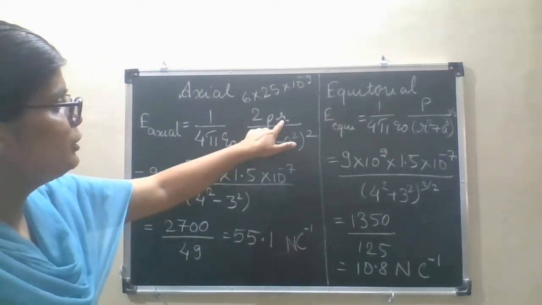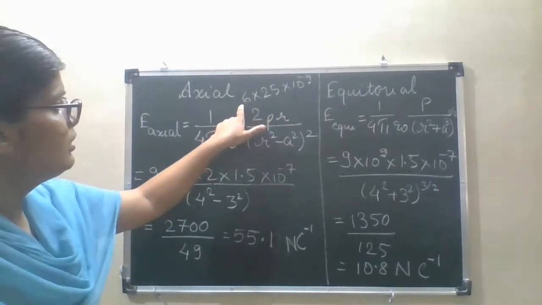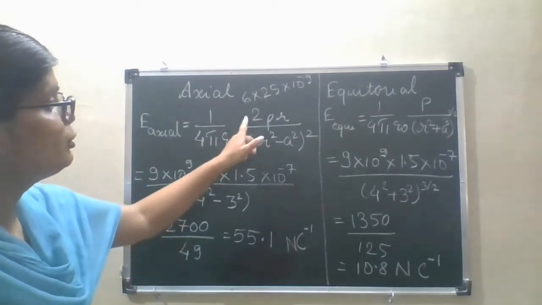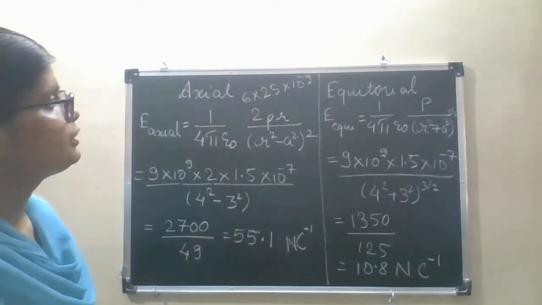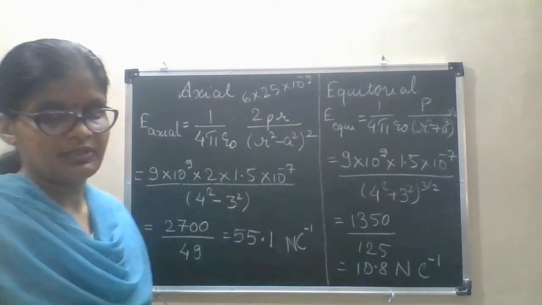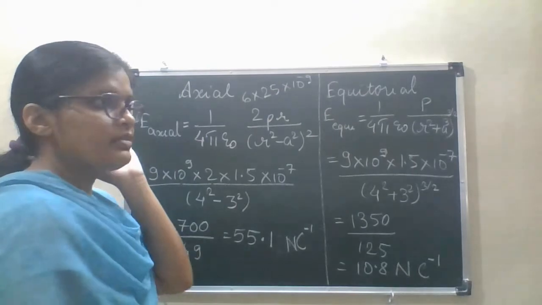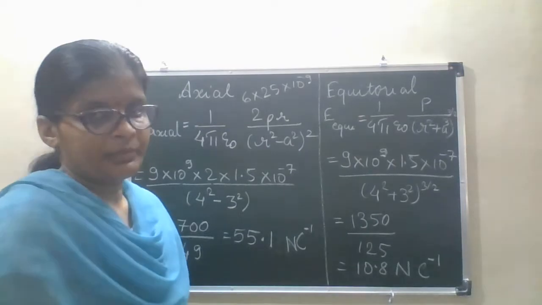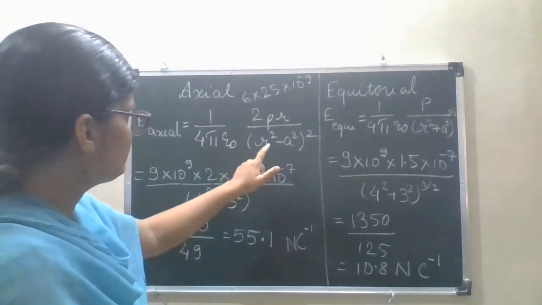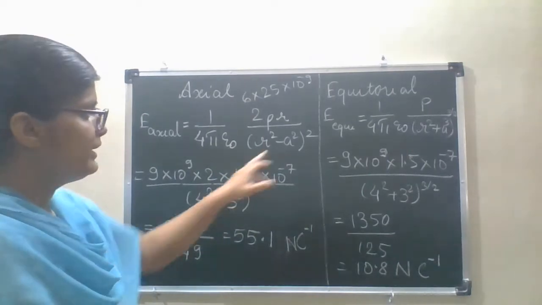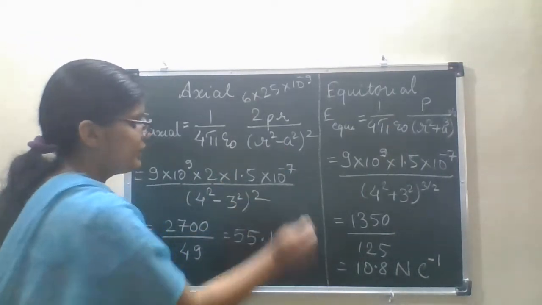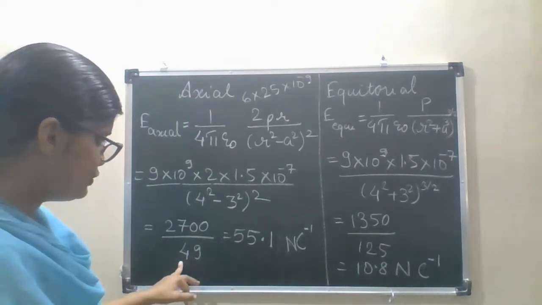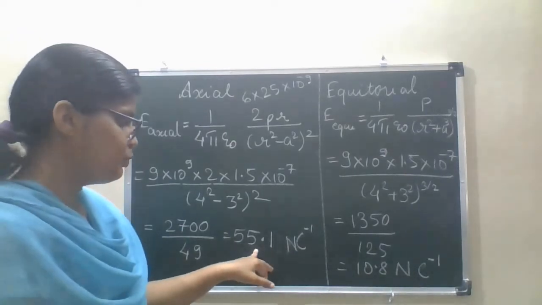This is the value of twice a into one charge, which means it is the electric dipole moment. Here in r square, the value of r is 4 and a is 3, substituted here. Then again the whole square came, and after this the numerator value, the denominator value.